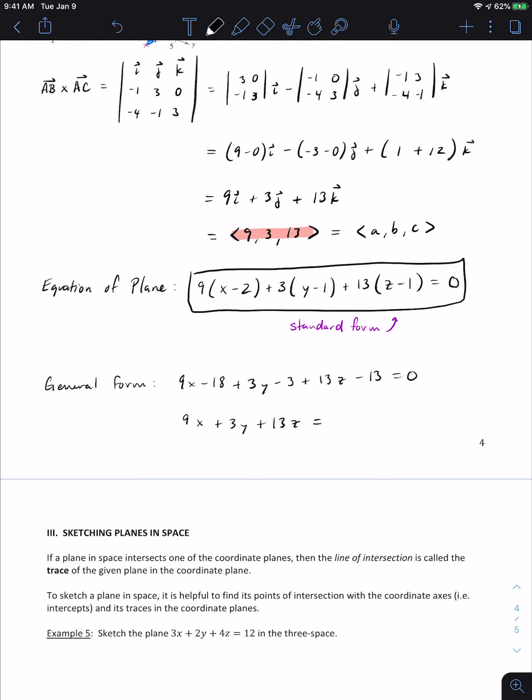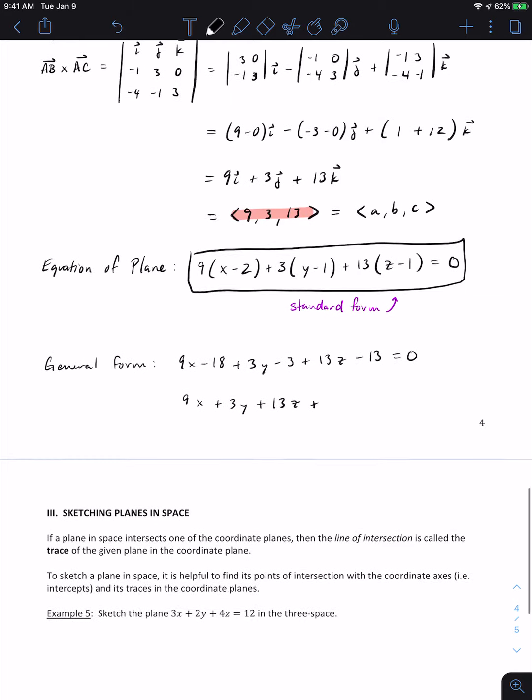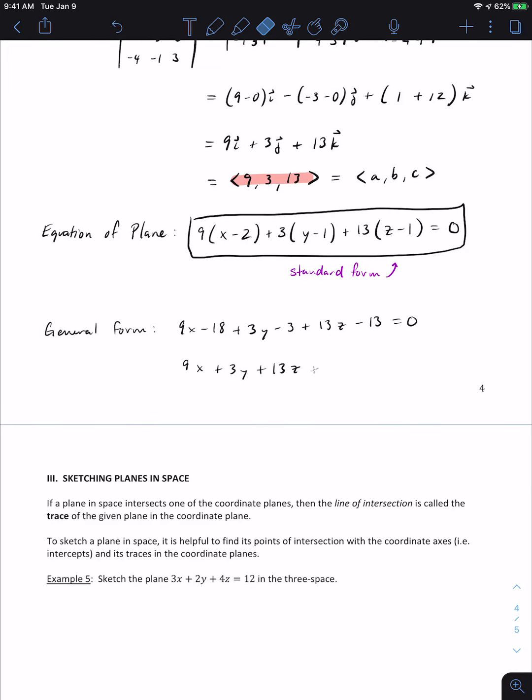And if I combined all those coefficients, I would get a minus 34 equals to 0. And this would be the equation of my plane in general form. And as you notice, the coefficients of x, y, and z are exactly the components of my normal vector.